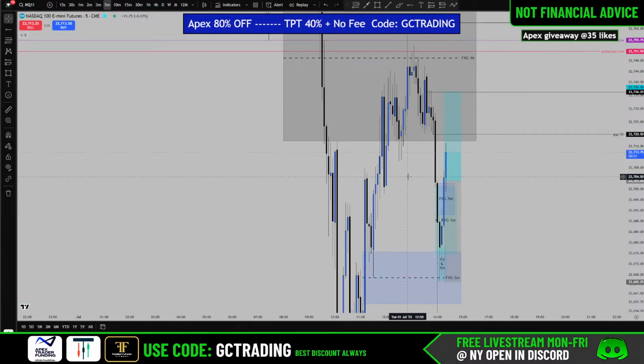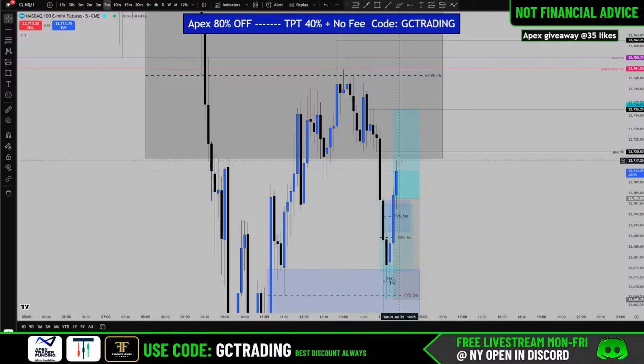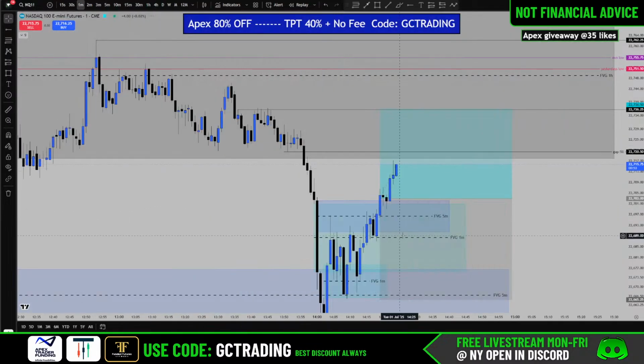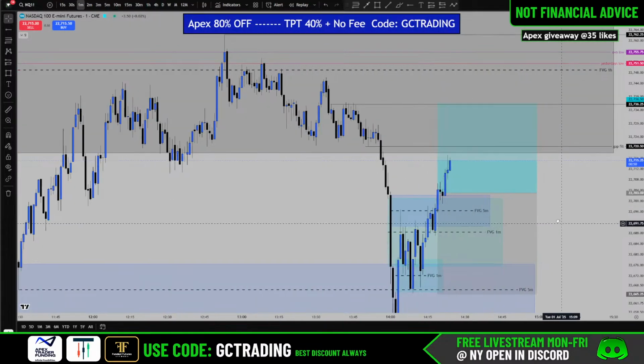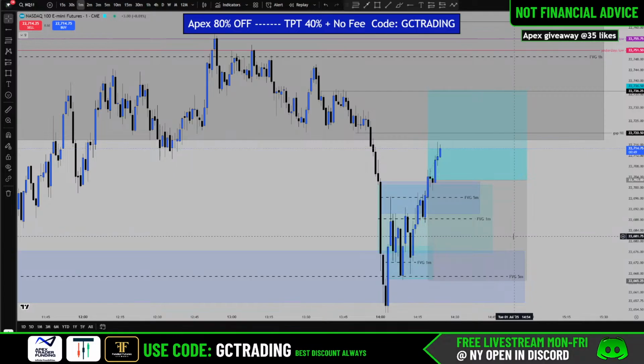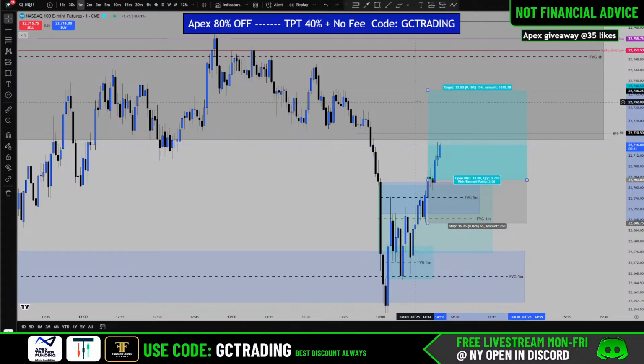But I want this thing to continue up through this gap. I might go ahead and move my stop up, honestly. Something like that. Maybe like that. Yeah, do like that.